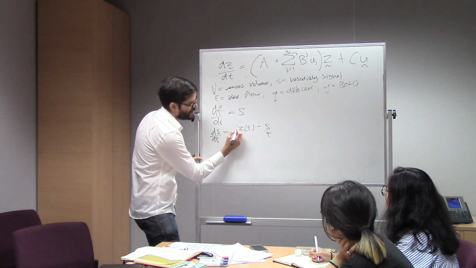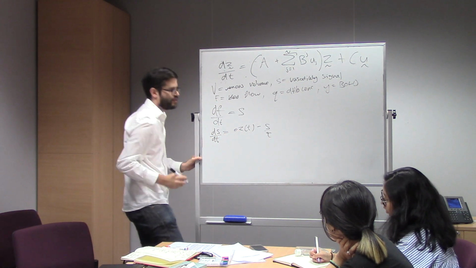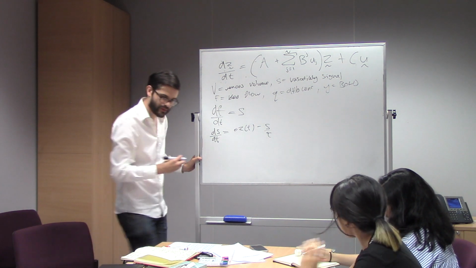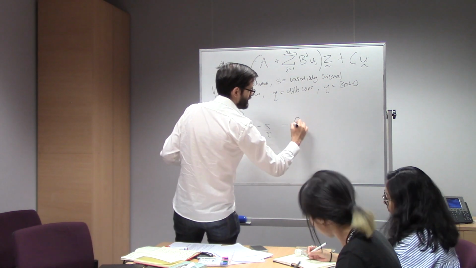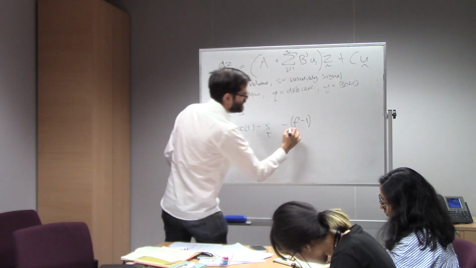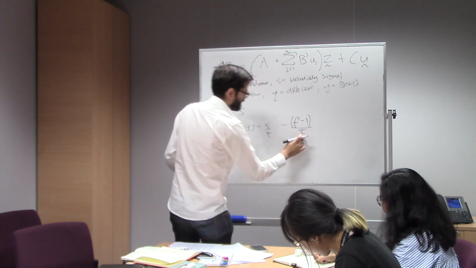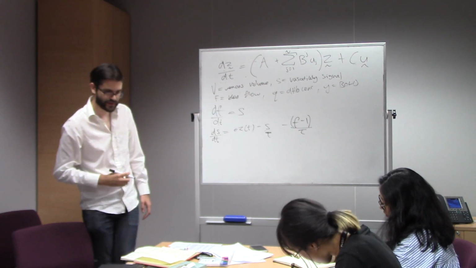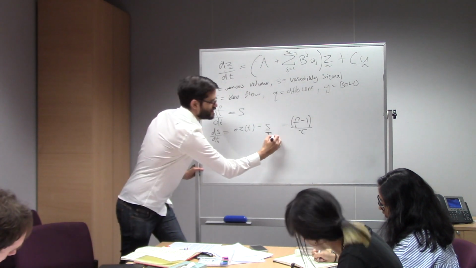This is a parameter, which is little epsilon. Then we have minus f minus 1. One thing I'll note, don't worry about these constants, that's tau s.